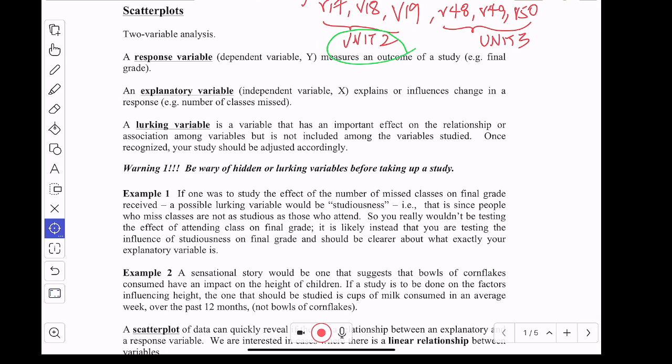Because until this point, you'd only looked at analyzing and summarizing one variable at a time. Maybe you looked at one variable in different groups, like in the hot dog example, but it's always one variable. But then I introduced the idea of scatterplots, which is two variable analysis. And just like with one variable analysis, you begin with a graph, a graphical depiction of the data that's been collected.